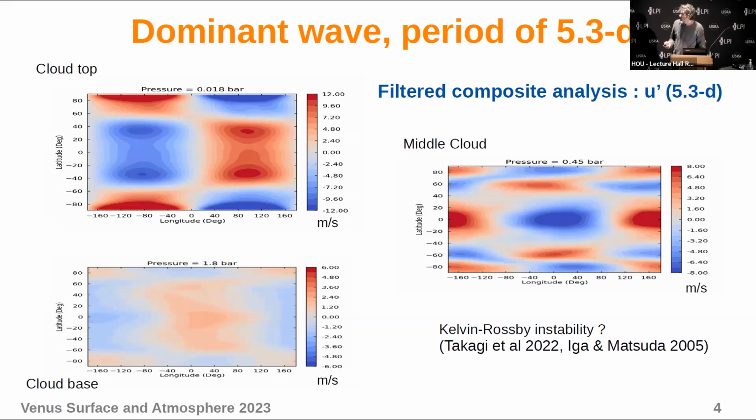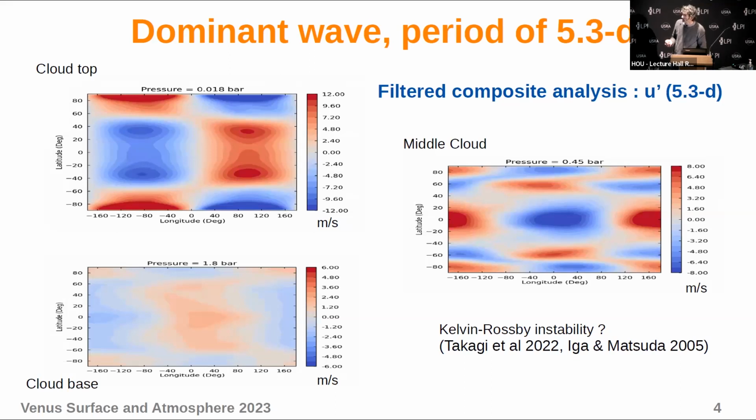On these plots, I want to show some filtered composite analysis. So what we do is an average of this wave in a referential associated with the wave, and so you can see how this wave is organized as a function of altitude.